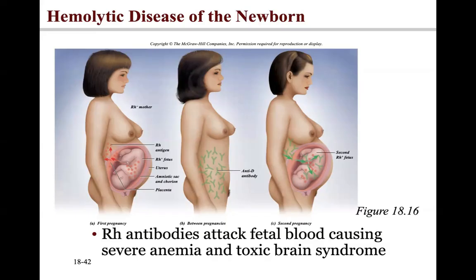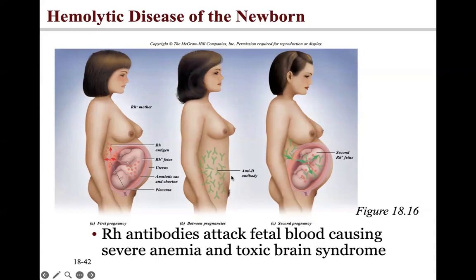This happens in 1 in 10 cases of Rh incompatibility, so it really is not a very common thing. And now we have medicines that can prevent this from being fatal also.